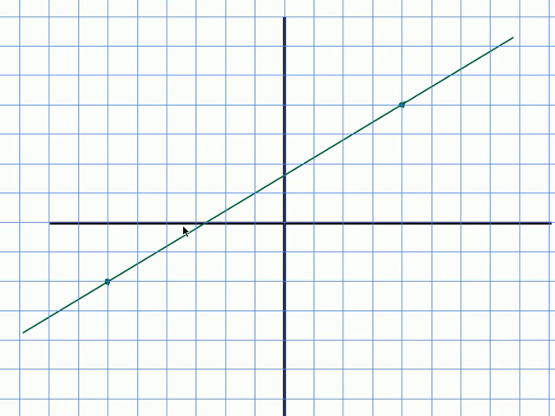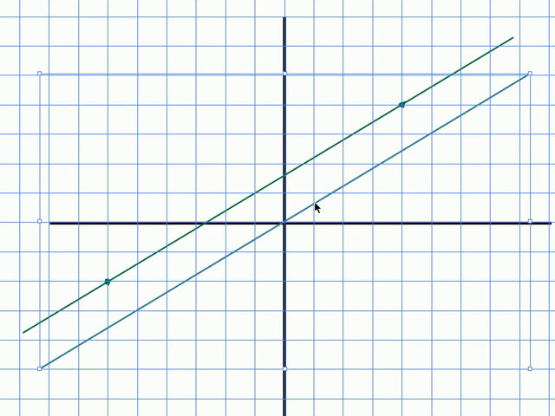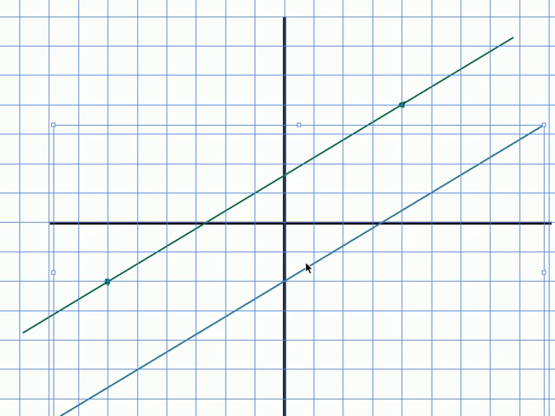Now I'm going to copy and paste this, and I didn't move the slant at all. I just moved it down a little bit. Let's find the slope of this. It looks like there's a point right here, and about right there. It's a different line.